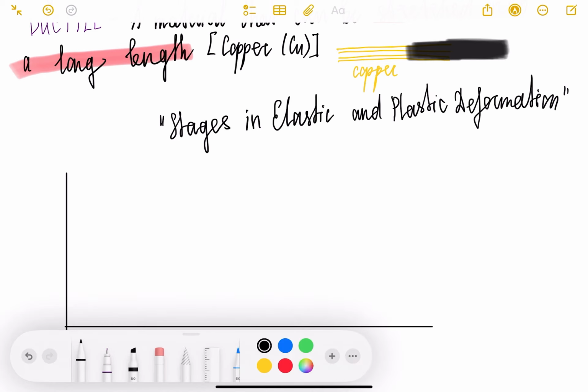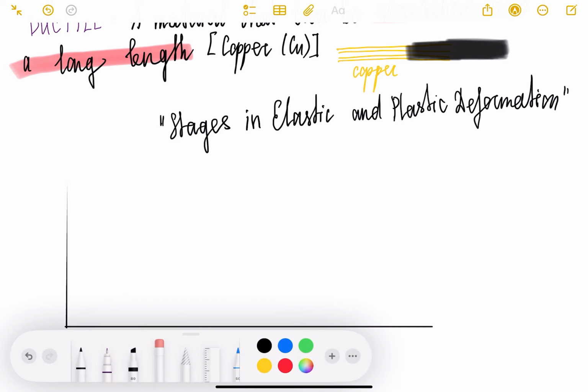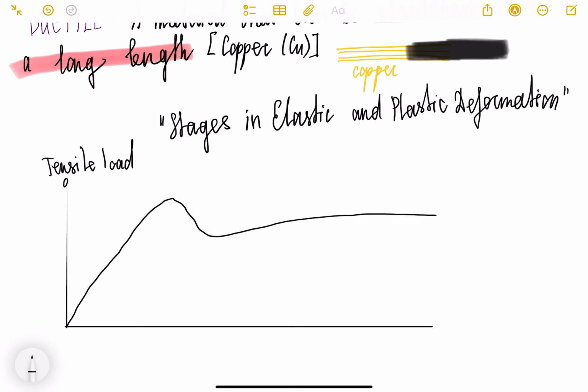Tensile load. Here it is. This is 0. I'm drawing very badly, but okay. We just need to remember, okay?